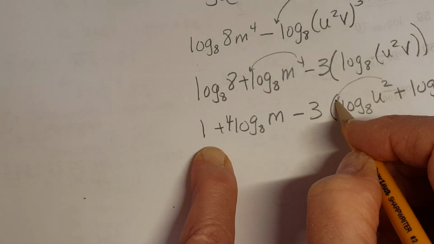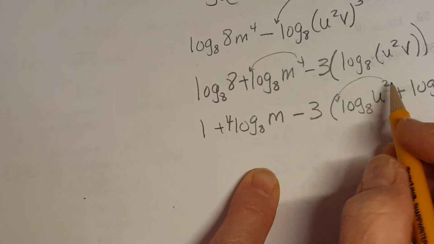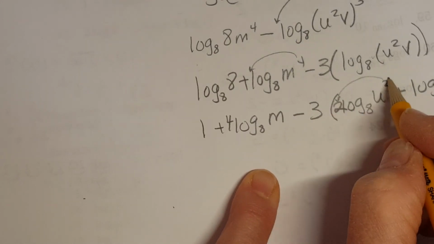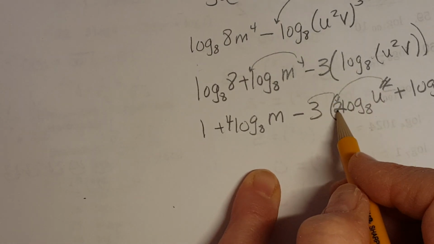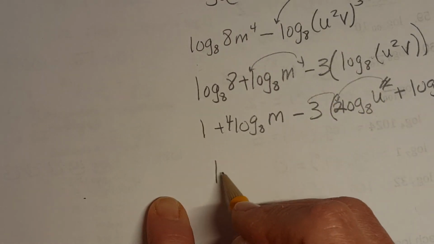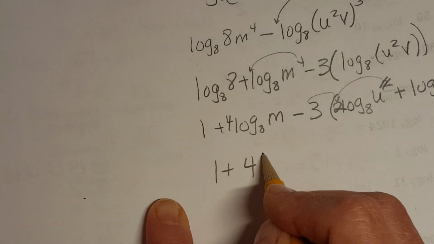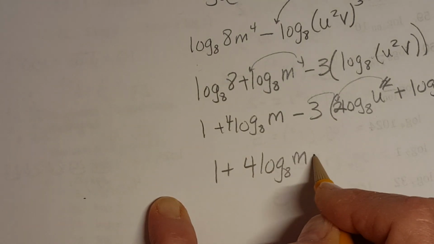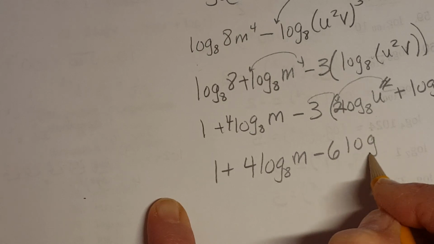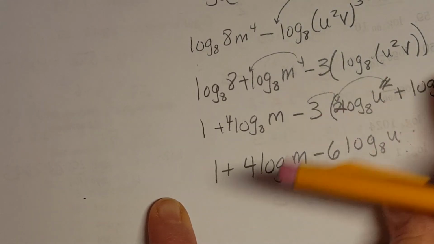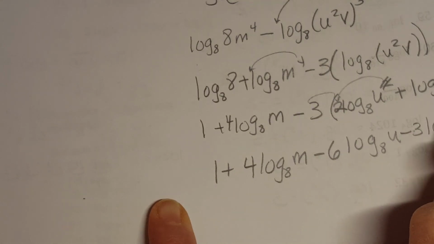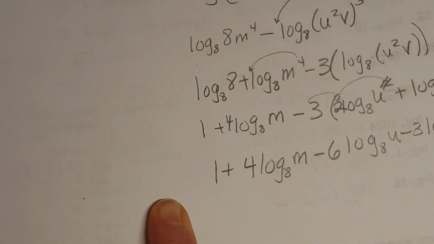That 2 is going to come out front, and then when I distribute the 3 in, I get a minus 6 here and a minus 3. So my answer is 1 plus 4 log base 8 of m minus 6 log base 8 of u, minus, because I distribute that minus 3 in, 3 log base 8 of v.